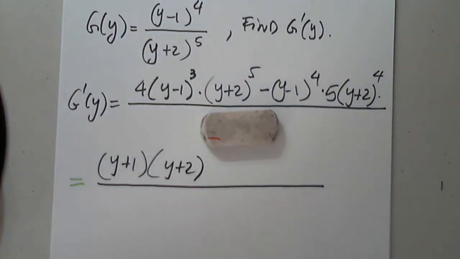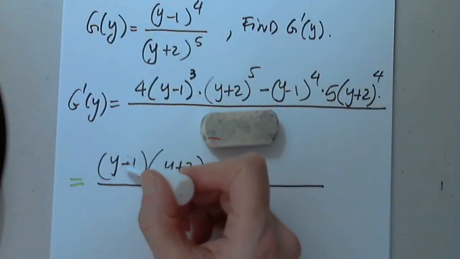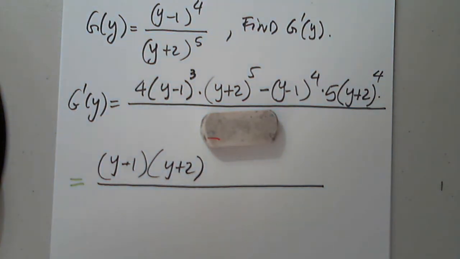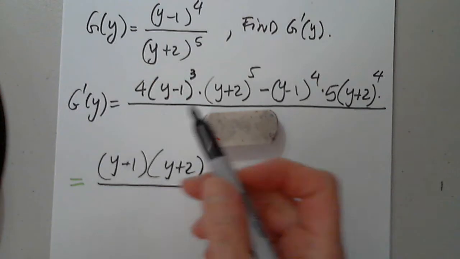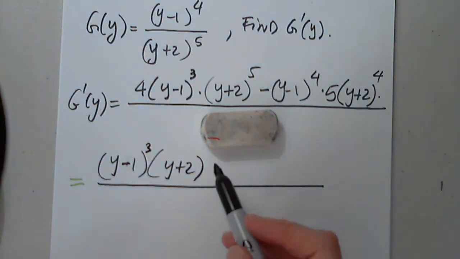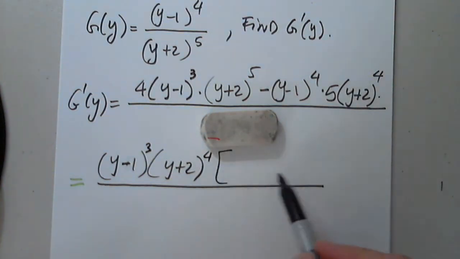Which power? The third and the fourth. The smallest of the two. Very good. The smallest power for y minus 1 is indeed 3. The smallest power for y plus 2 is indeed 4.